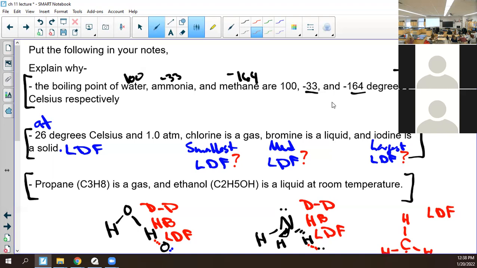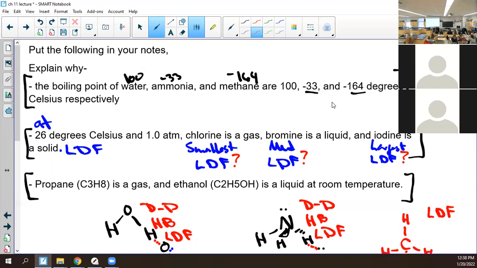Good. All right, the third question here. Propane, C3H8, is a gas, and ethanol, C2H5OH, is a liquid at room temperature. Well, that seems messed up, but it's true. So why? What's the difference? And don't say because ethanol has higher intermolecular forces.